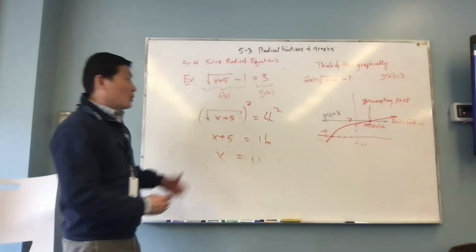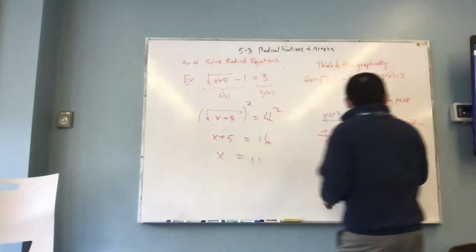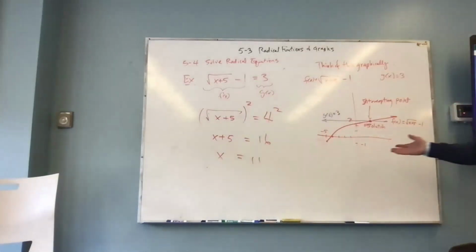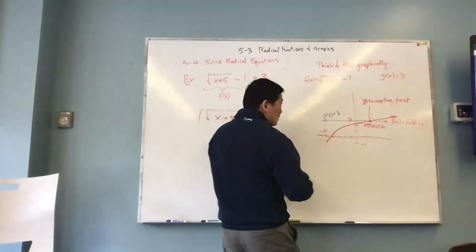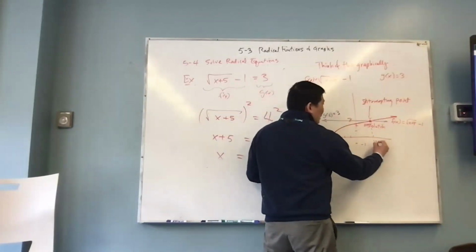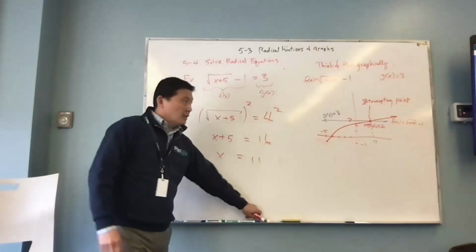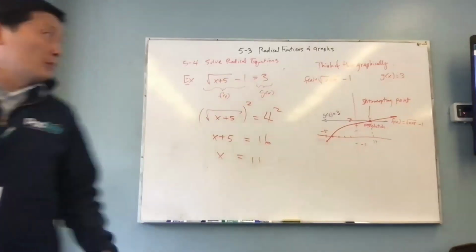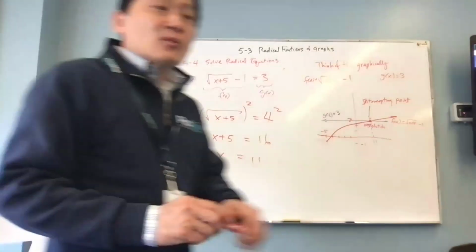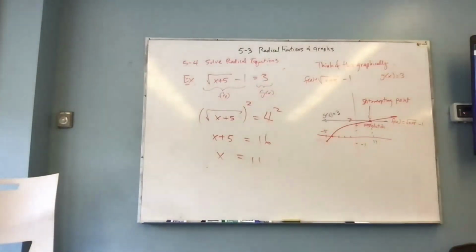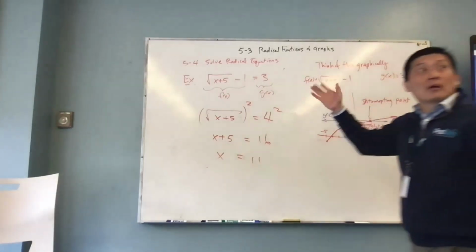What that means is, this graph, obviously I was just sketching it, but in actuality this will land on x equal to 11. That will be my final answer. Now, it is possible that when you solve something like this and you end up with two answers or one answer, and then you look at the graph and say, oh, there's no way, because you plug it back into the original equation and somehow it won't work.